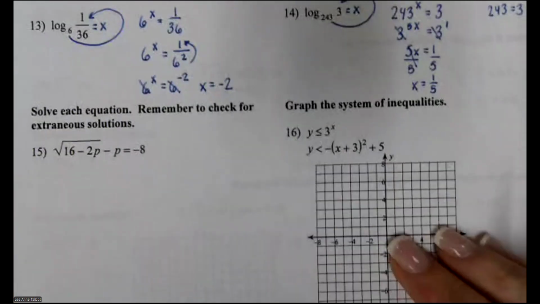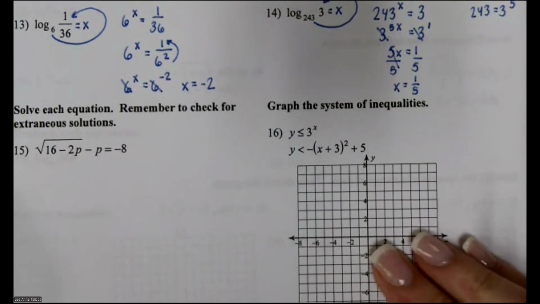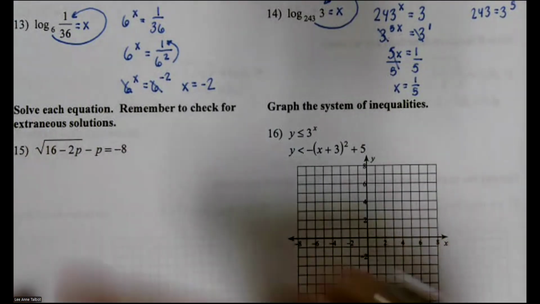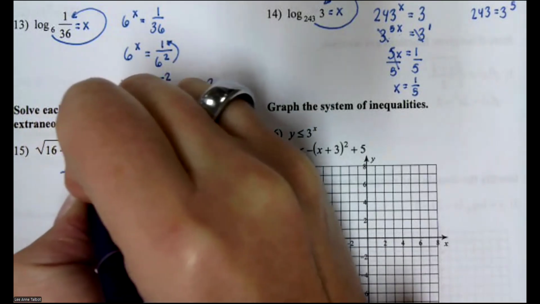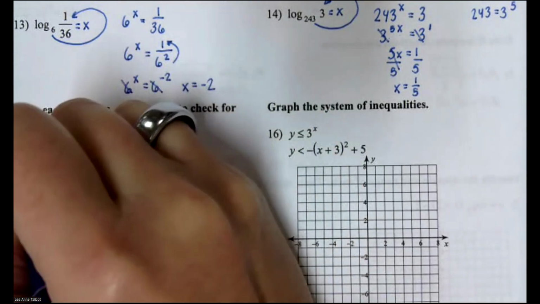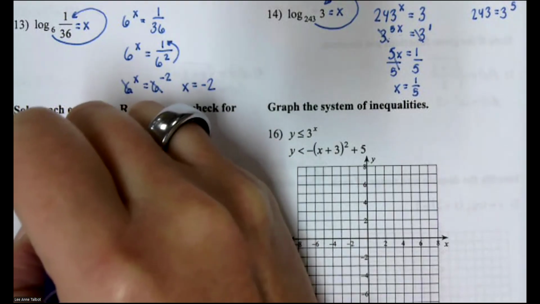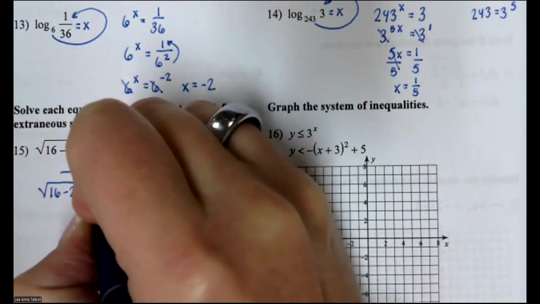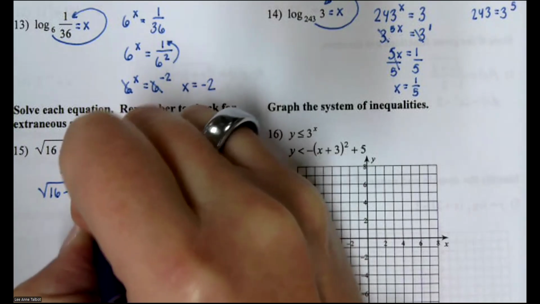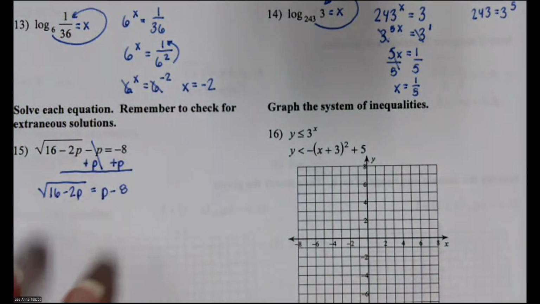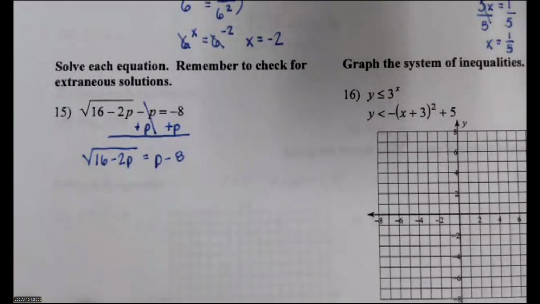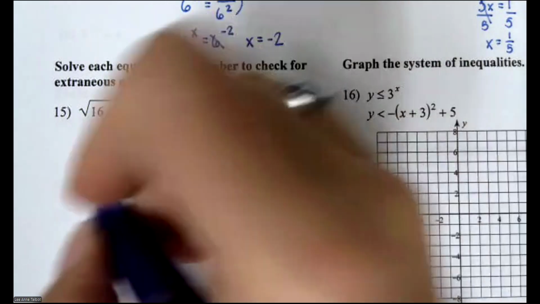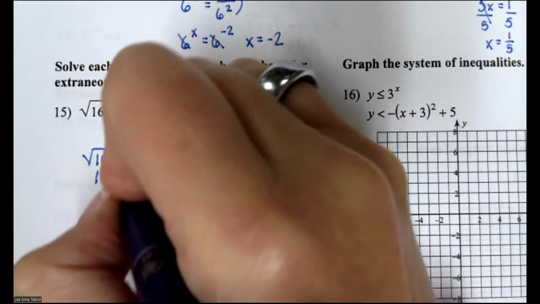Okay, so square root equation. First, you have to get the square root alone. So add p to both sides, and then it will look more normal anyway. And I would put the p in front just so it looks normal. You can put -8 plus p if you want to, but I just don't like the way that looks.